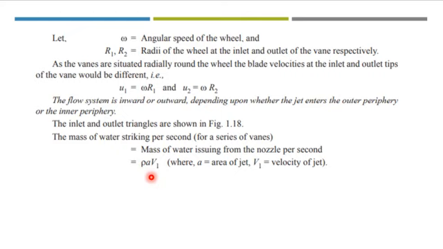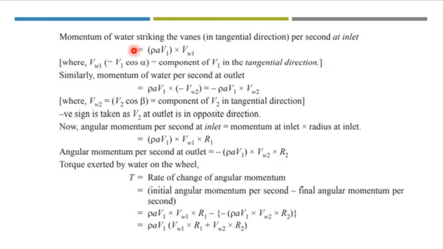Now, the mass of water striking per second. When a series of vanes are mounted, the mass of water issuing from the nozzle is equal to rho a v1, and when a single vane is considered for a moving plate, then the mass per second is rho a vr1.